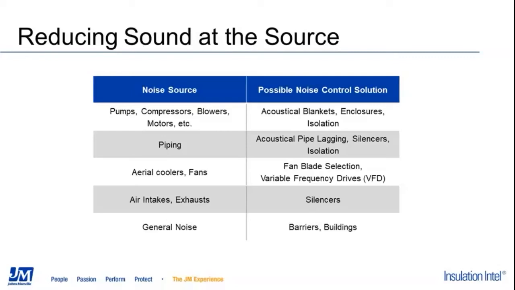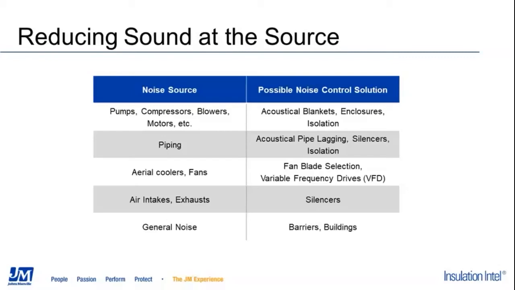And then one other aspect of noise control on these would be isolation, where you're basically trying to mechanically isolate the piece of equipment from whatever is attached to it so that it can't transmit that noise into any materials that might be attached to it. Piping is very, very similar to the pumps and compressors, only instead of a blanket, you would do some type of acoustical pipe lagging or acoustical insulation installed around the pipe.